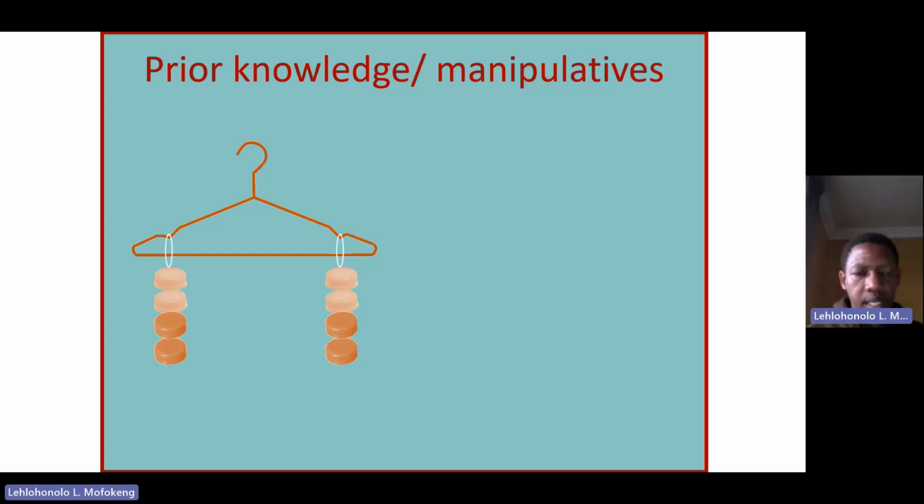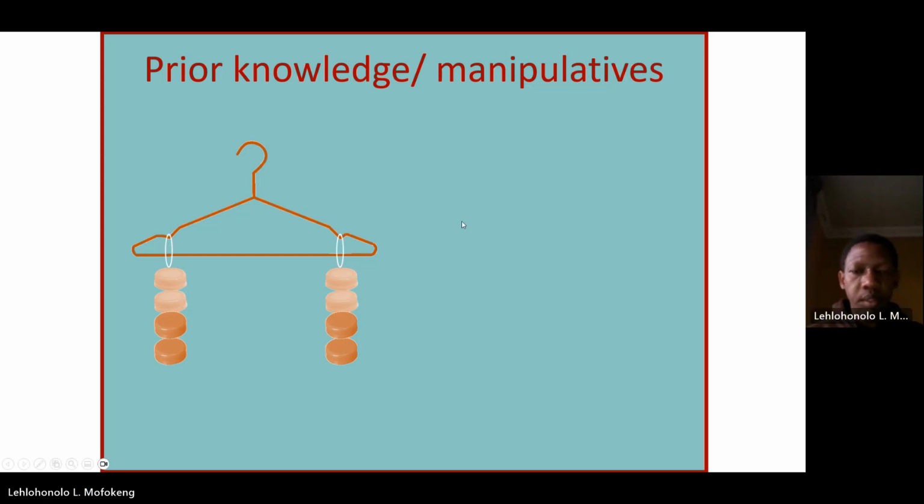If we include anything on the left-hand side of the balance, it is not going to be balanced anymore. To counteract that, we must put the very same thing on the right-hand side. Or if we took something from the left-hand side, the balance is not going to be balanced, therefore we must also take the very same thing from the right-hand side.